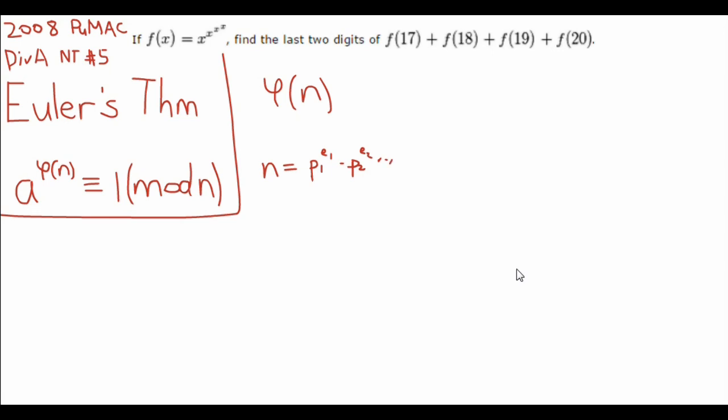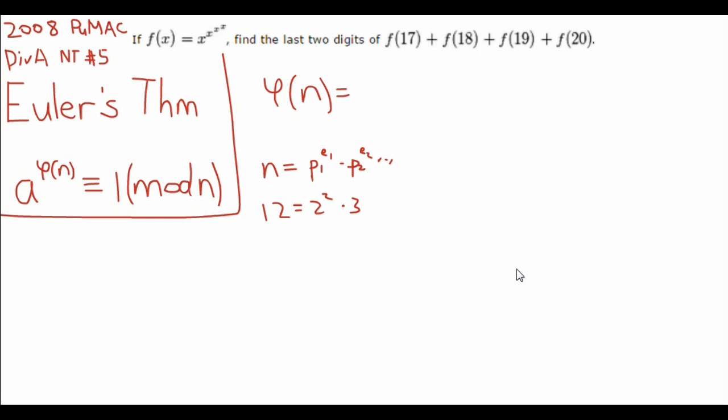For example, if n was 12, then this would equal 2 squared times 3. So we take these p's and e's, and we can use them to find the totient function of n.